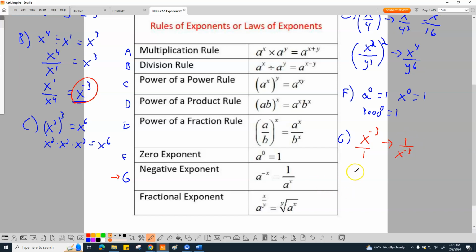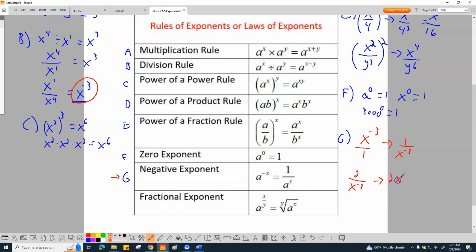Same thing as well. Let me show you another one. Let's say I had 2 over x to the negative 3. This means you're going to move this to the top now. So this one meant move to the bottom. Really what it means is switch places. In order to get rid of that, just bring it up.